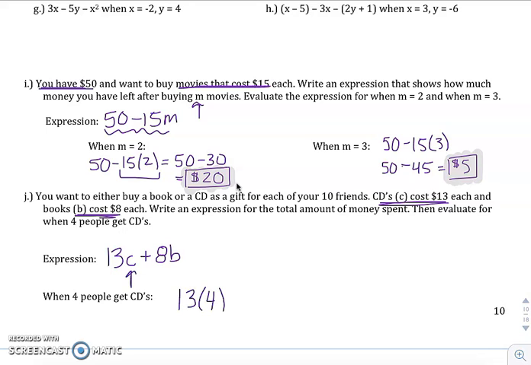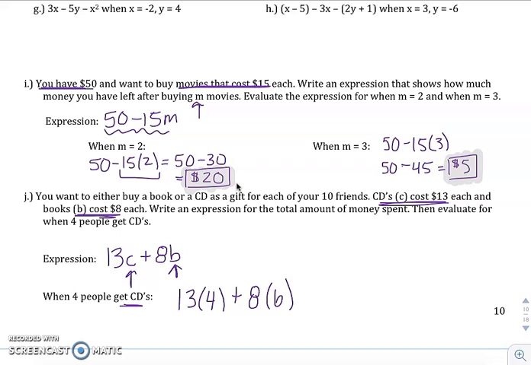We're going to plug 4 in there because 4 people are getting a CD. Well, if I have 10 friends and 4 of them are getting CDs, how many does that leave for me to buy books for? That means 6 of them are getting books. So we'll plug in 6 then for the B.